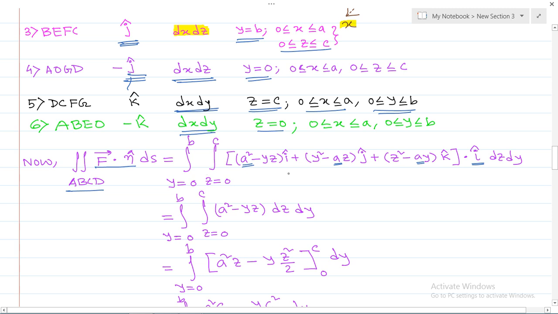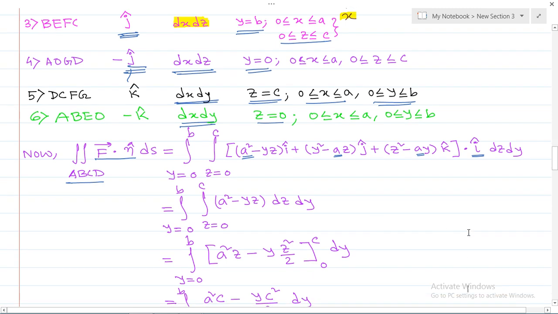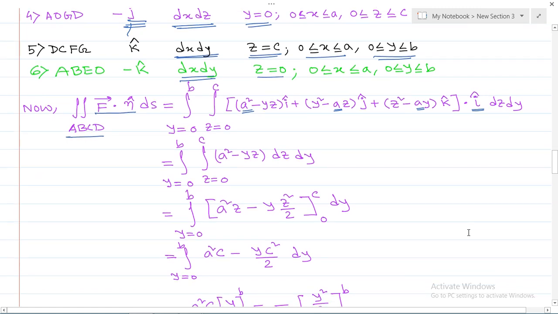So from this we are getting y equals 0 to b, z equal 0 to c, only the first term, a square minus yz dz dy. Z will vary from 0 to c, y will vary from 0 to b. After this calculation, since it is a constant limit case, and we have already done many problems, you can just see this step by step.